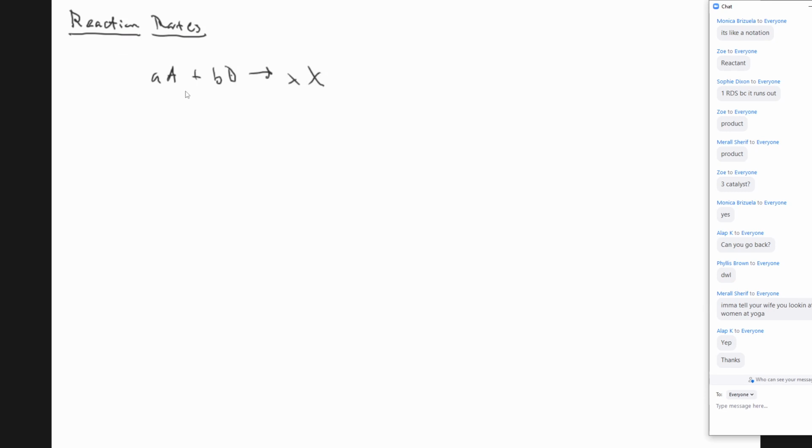So we define the rate of a reaction as simply k from the Arrhenius equation, times the concentration of one reactant raised to some exponent, times the concentration of another reactant raised to some exponent.